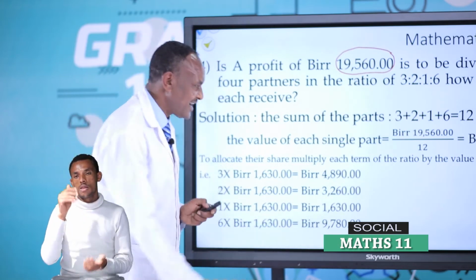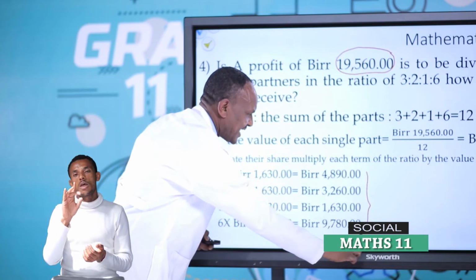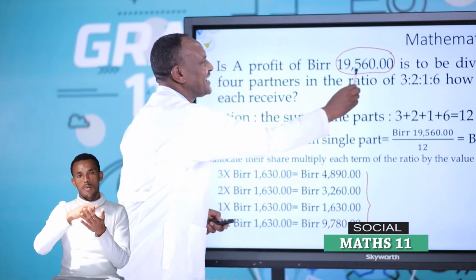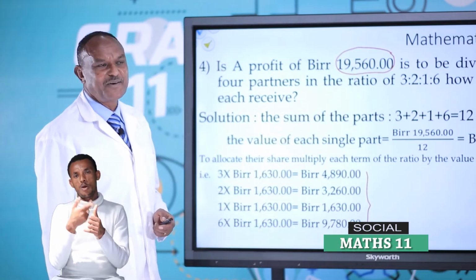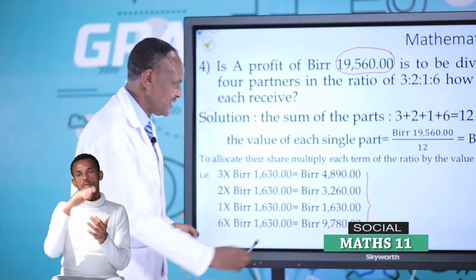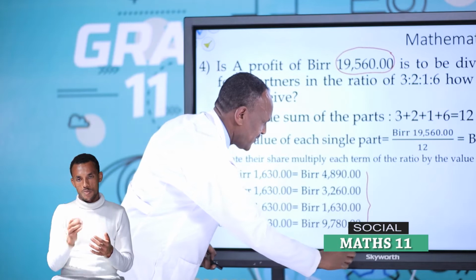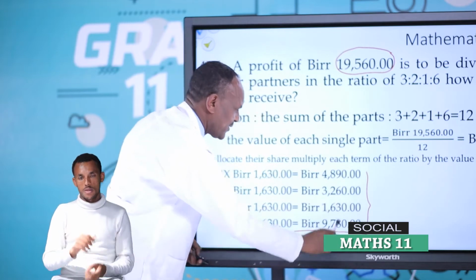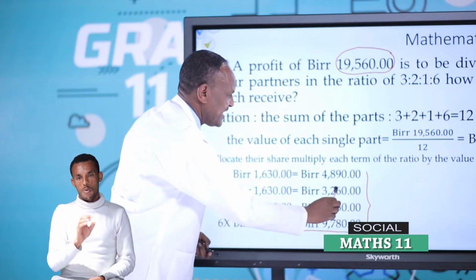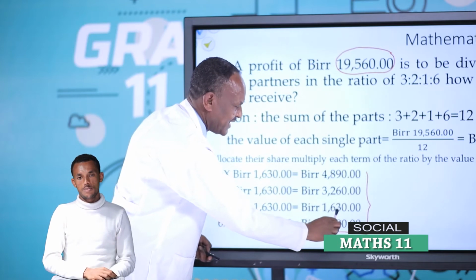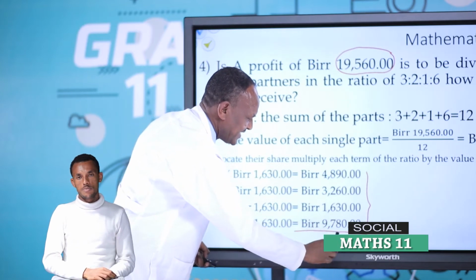Unless you made a mistake, when these values are added up, it must be exactly equal to 19,560. So add up here, you will have a value to be 0. If you want to add up, you have here also 0. 9 plus 6, 15. 15 plus 3, 18. 18 plus 8, 26.